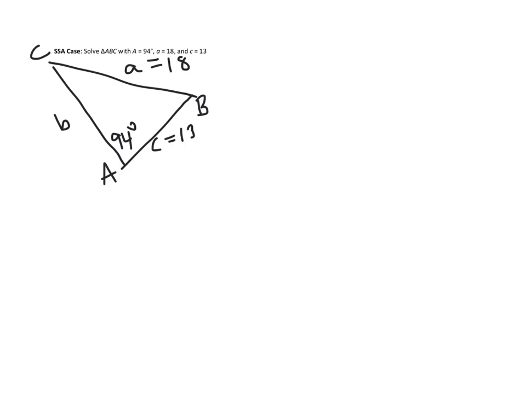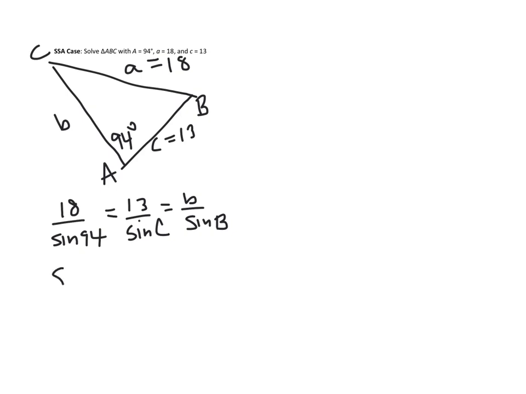So I'm going to write my ratios here, my proportion. So 18 over sine of 94 is equal to 13 over sine C is equal to b over sine B. And I'm going to use the first two proportions, and here I want you to notice that we are looking for the angle.